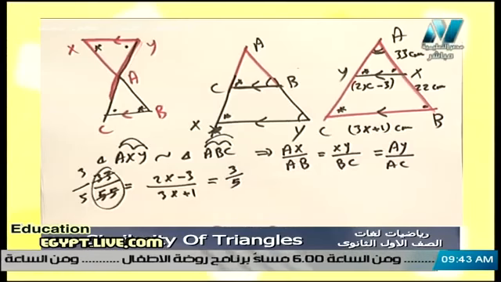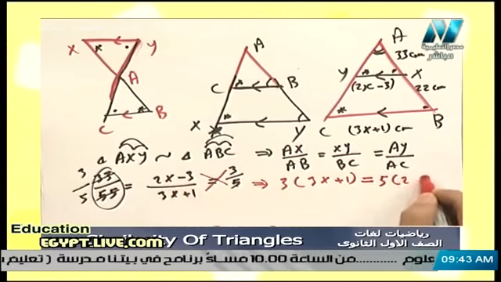And from the ratio of the similarity, we can do cross multiplication. We have 3 multiply 3x plus 1 equals 5 multiply 2x minus 3.